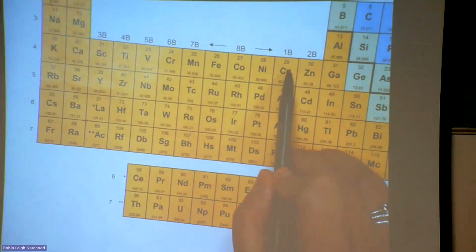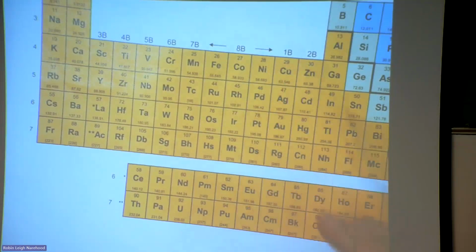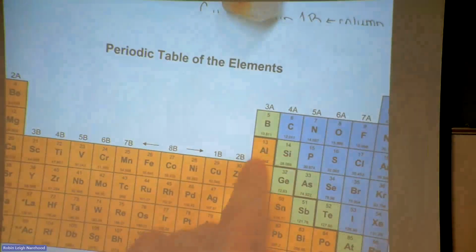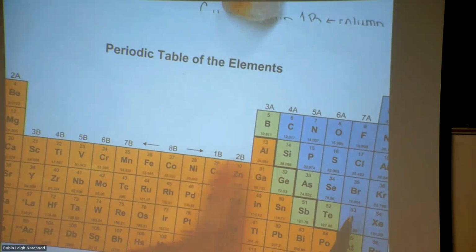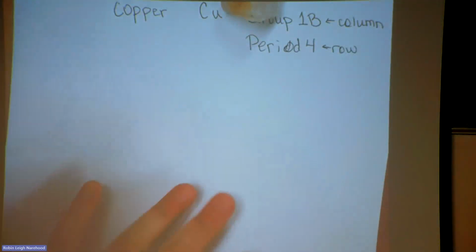If you look at copper and you look inside its box, you see a 29 over it. Every element has a whole number right above the symbol. That number 29 is called copper's atomic number.